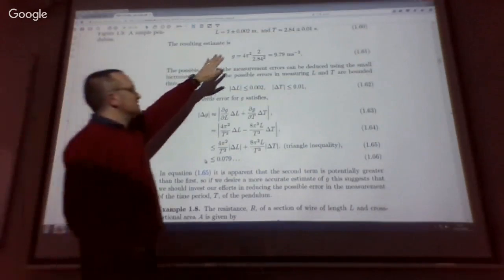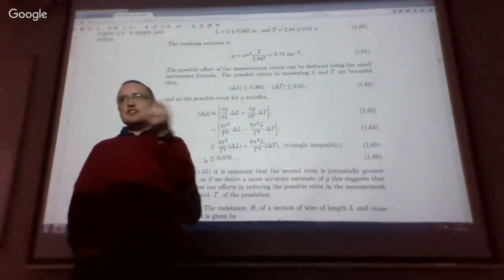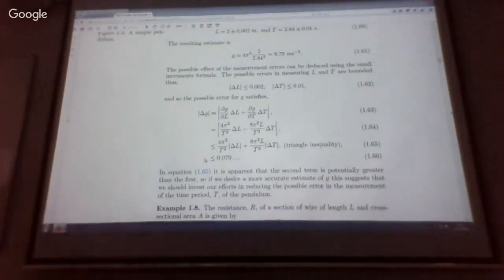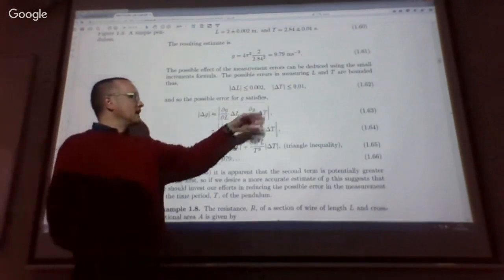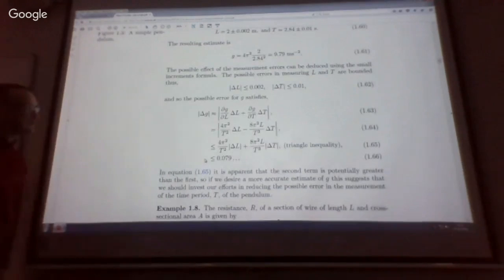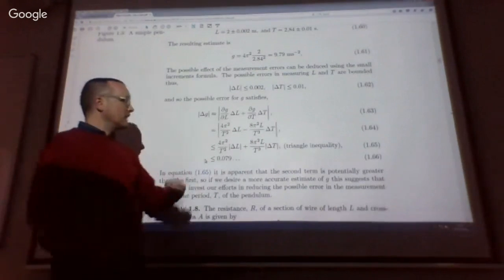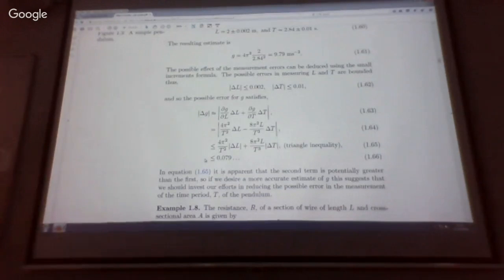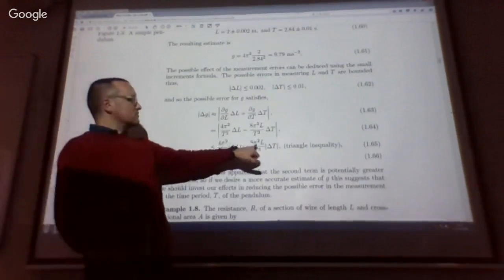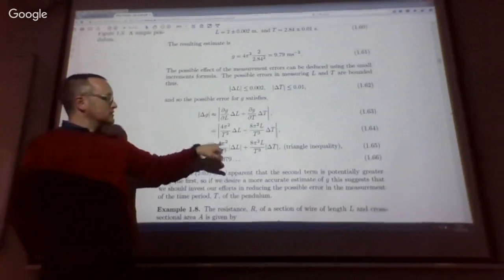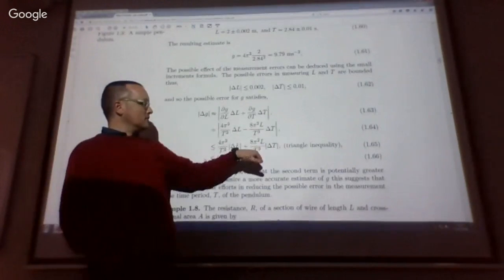So what's the effect of these errors in L and T? How do they feed through the formula and produce errors in your estimation of G? Well, taking absolute values, using the triangle inequality to say that this absolute value is less than or equal to the sum of the absolute values. Here we see the partial derivative expressions, 4 pi squared over t squared and 8 pi squared L over t cubed.